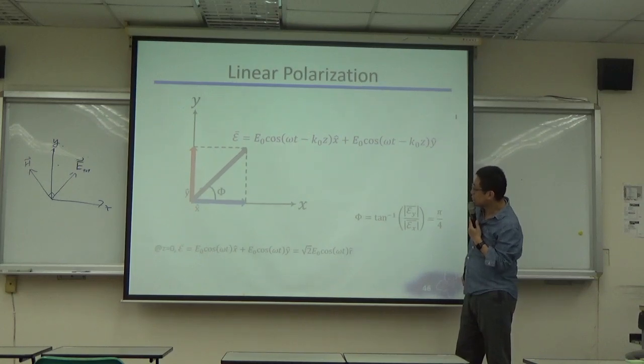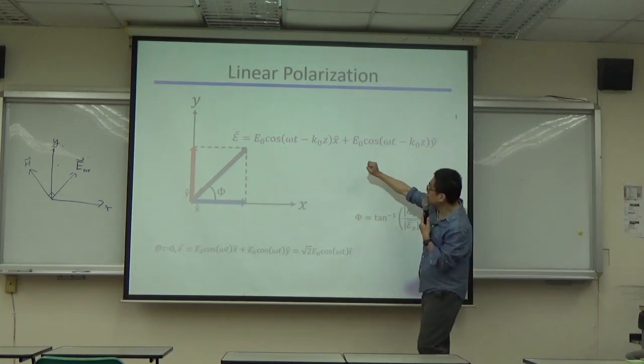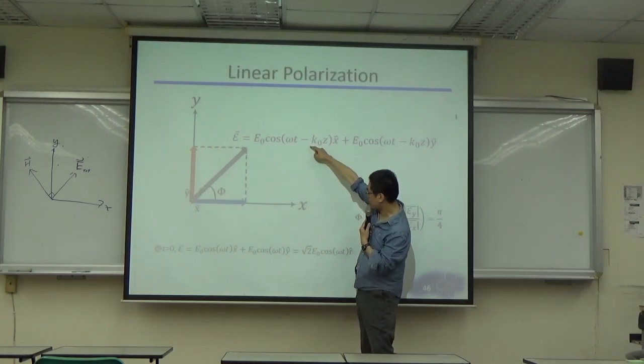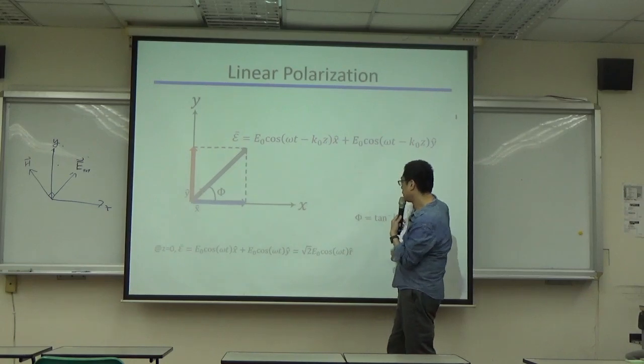If you put Z equals 0, cosine 0 is 1, and this is 1.